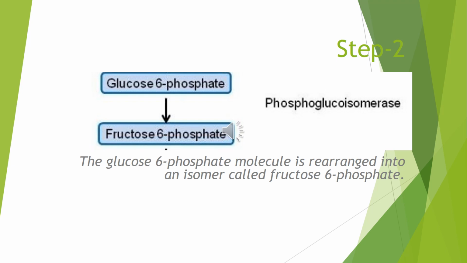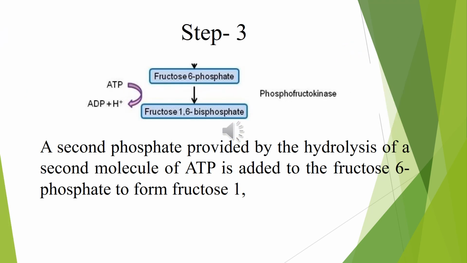This is a reversible reaction. Step 3. Fructose 6-phosphate is further phosphorylated to form fructose 1,6-diphosphate at the expense of another ATP molecule. This reaction is irreversible and catalyzed by the enzyme phosphofructokinase.